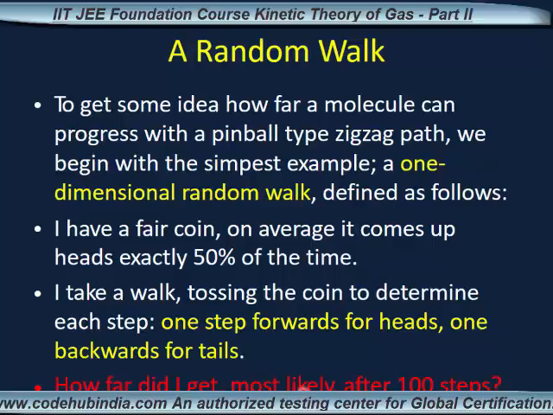Suppose we have a clear point, on average it comes out in a calculation. You have to know the probability. What is the probability of that? Exactly 50% of the time it is coming. And take a walk crossing the point with a step.